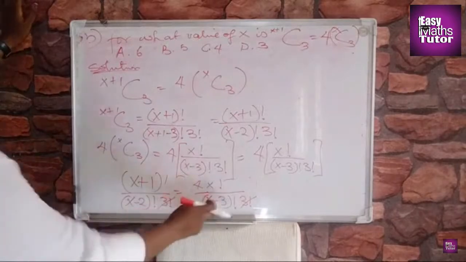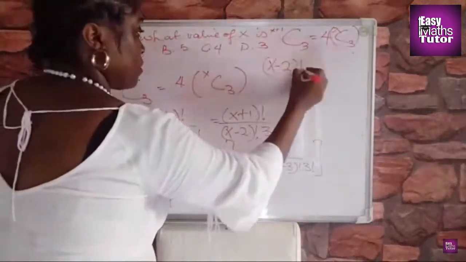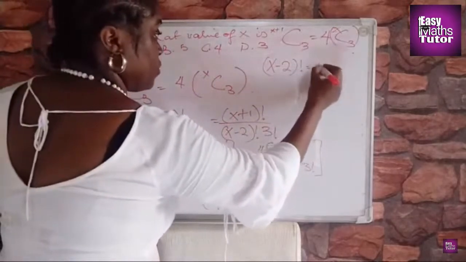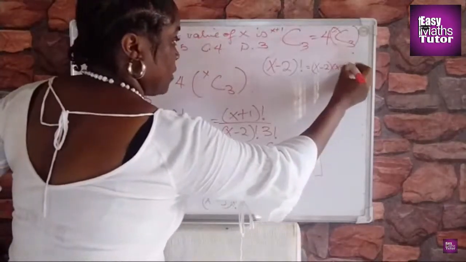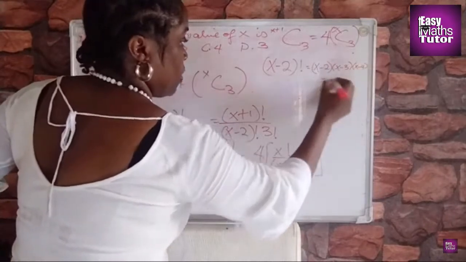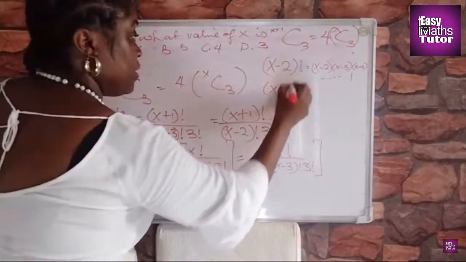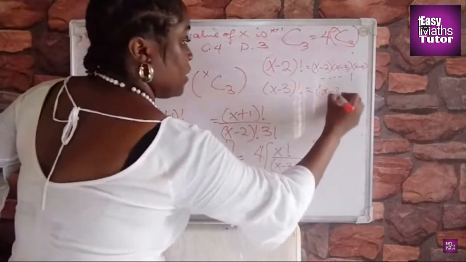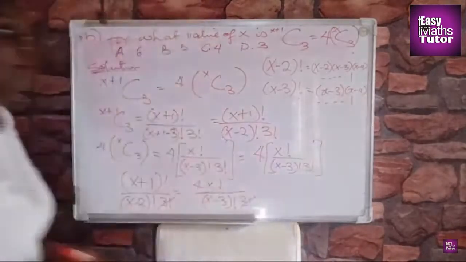Let's say x minus 2 factorial is x minus 2 times x minus 3 times x minus 4 and so on till 1, while x minus 3 factorial is x minus 3 times x minus 4 and so on till 1.